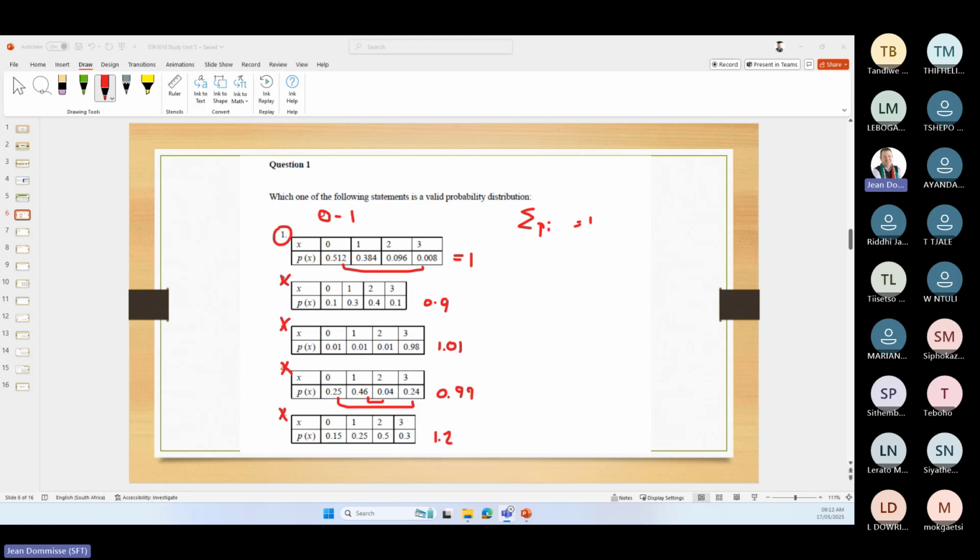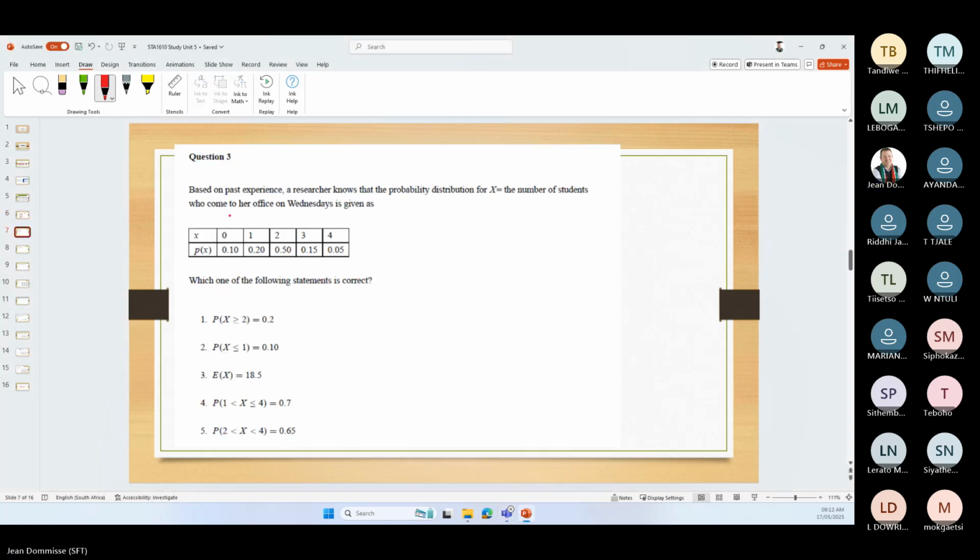Okay, so let's go into the next one. Now here they give us the discrete probability. They tell us at 0 it's this, at 1, at 2, at 3, at 4. So they tell us at each of those x's what is the probability, and then they ask us a few questions around it.